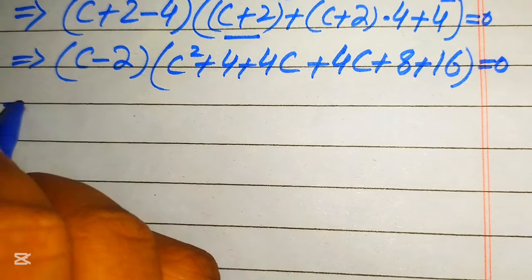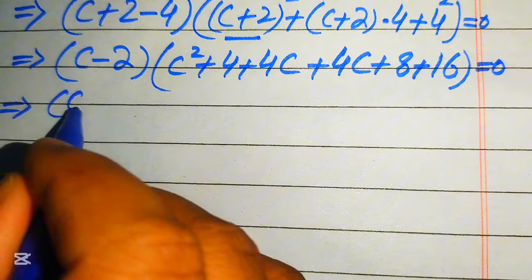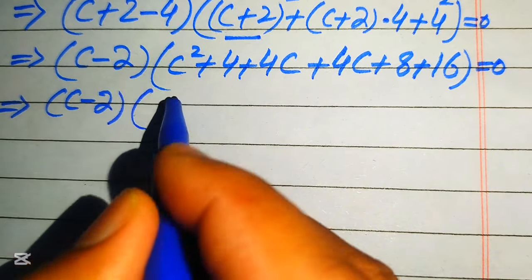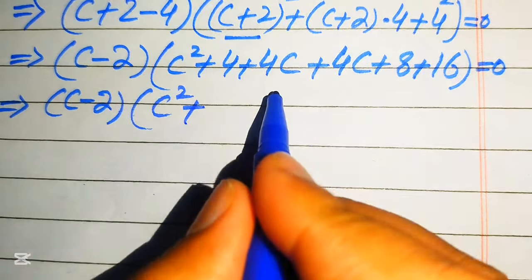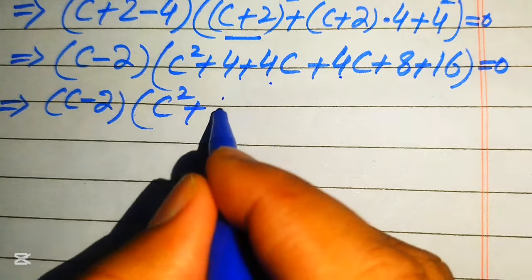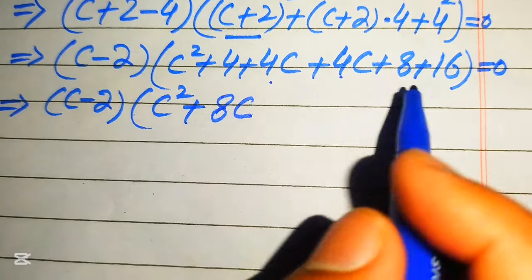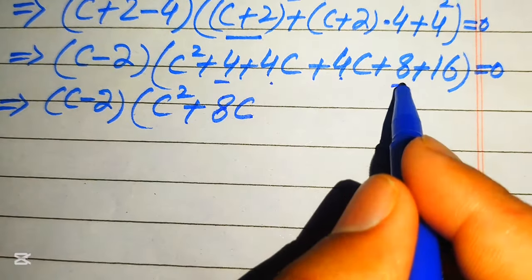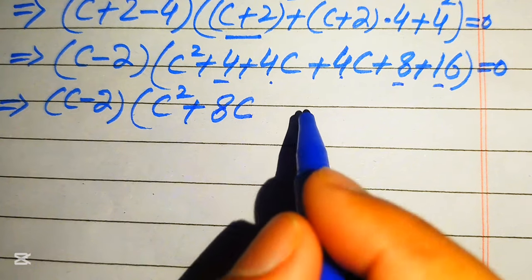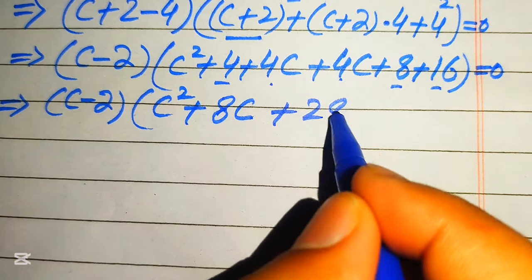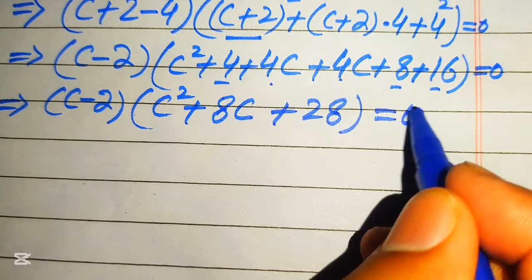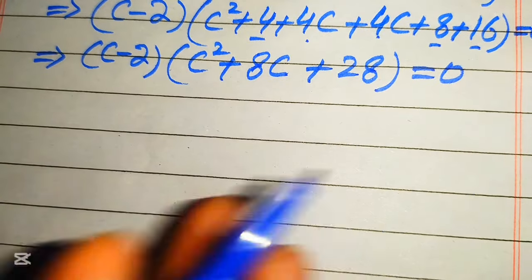And now we need more simplifications and it will be written as (c minus 2) times (c squared plus 4c plus 4c equals 8c, and 4 plus 8 plus 16 is equal to 28), and this whole equation equals 0.